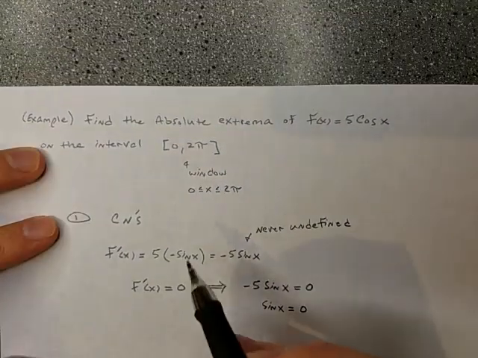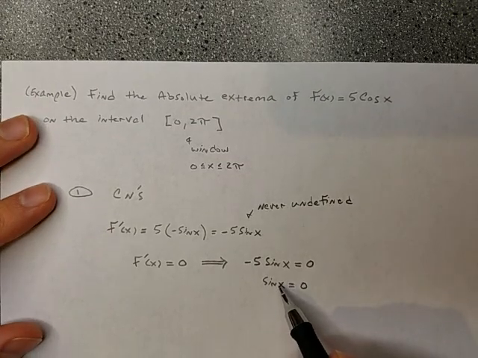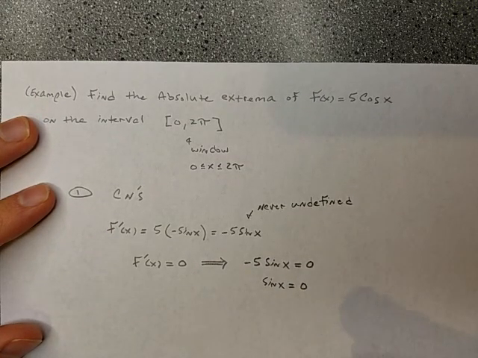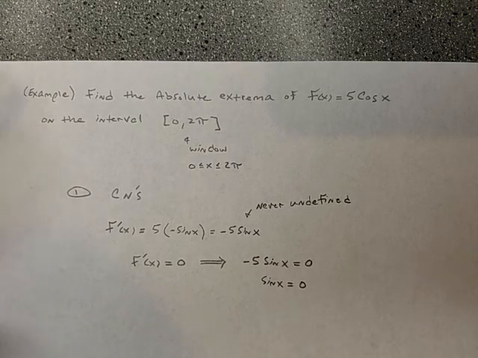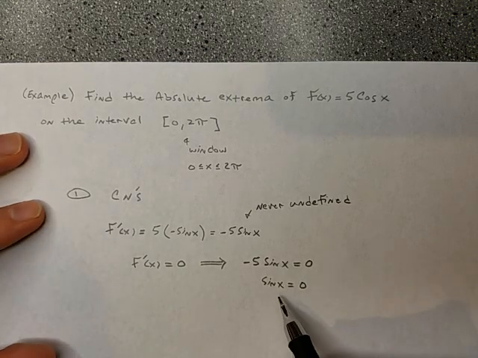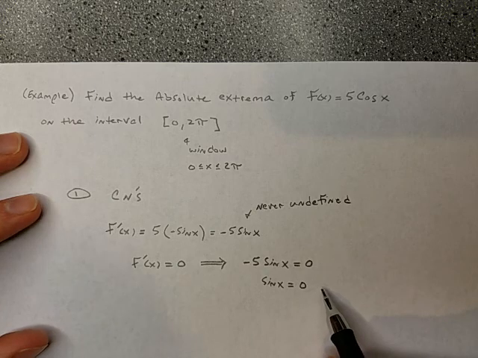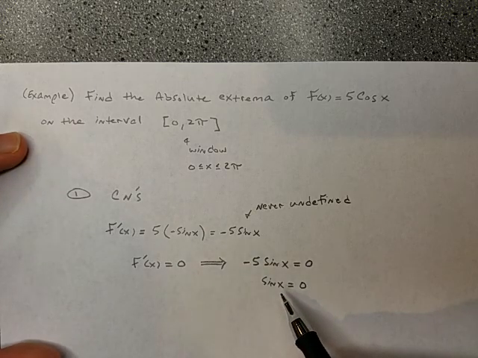Sine is 0 for any angle coterminal with an angle that puts you on the x-axis, any angle coterminal with either 0 degrees or 180 degrees.